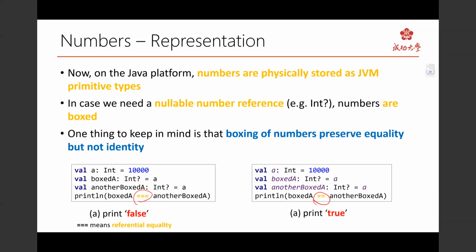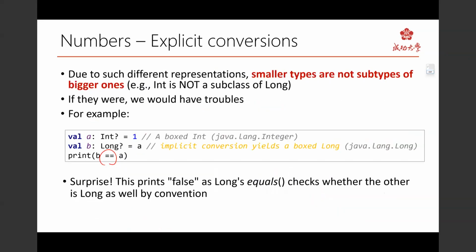And we'll come back to this later, okay? So now, if you compare A and B using the double equals operator to compare whether their values are equal, the Java virtual machine is going to tell you no. The result is going to be false, which is counterintuitive, right?